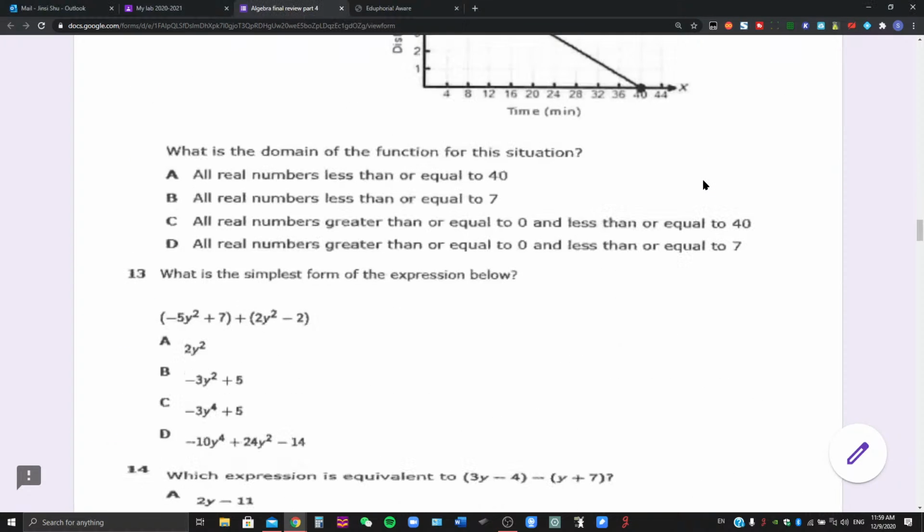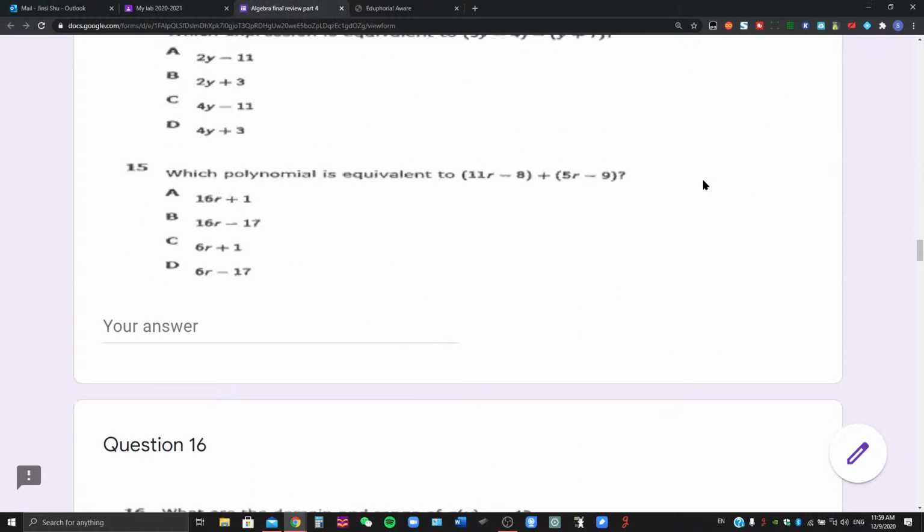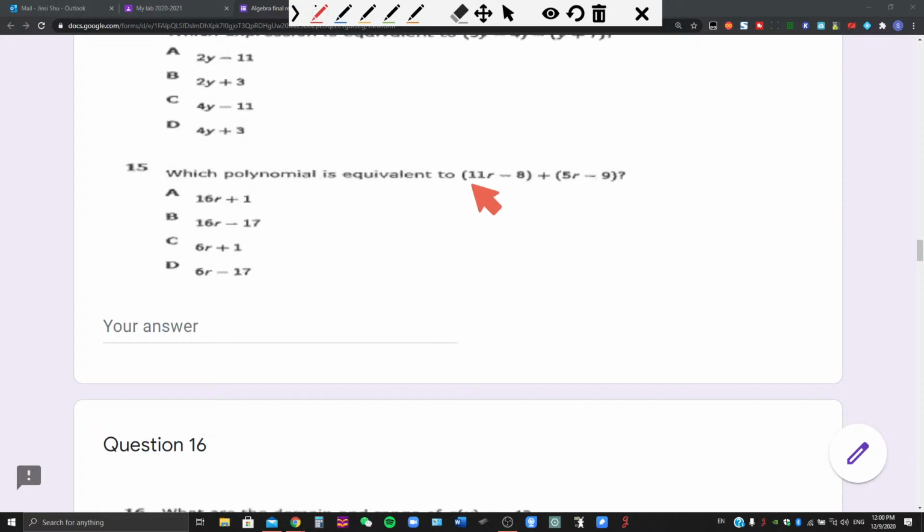Let's go to question 15. Which polynomial is equivalent to this? Again, we want to simplify. This one, there's nothing outside, so we'll just write it 11r subtract 8. And here, this is a plus. You can think of it as a +1 multiplied by every term inside.